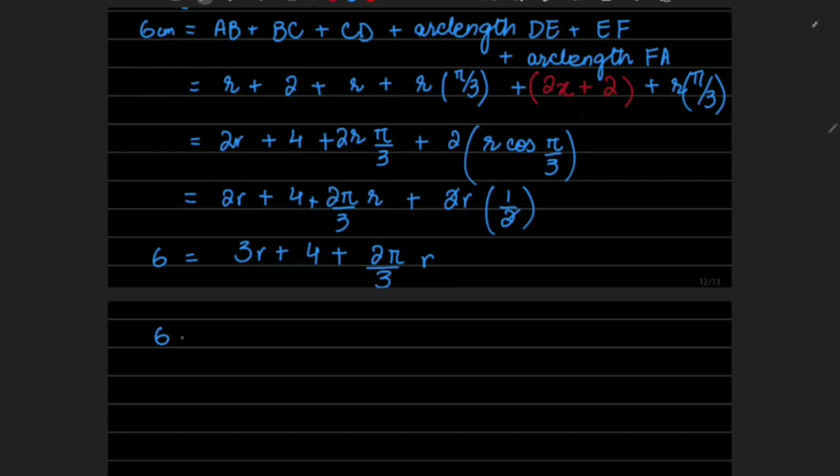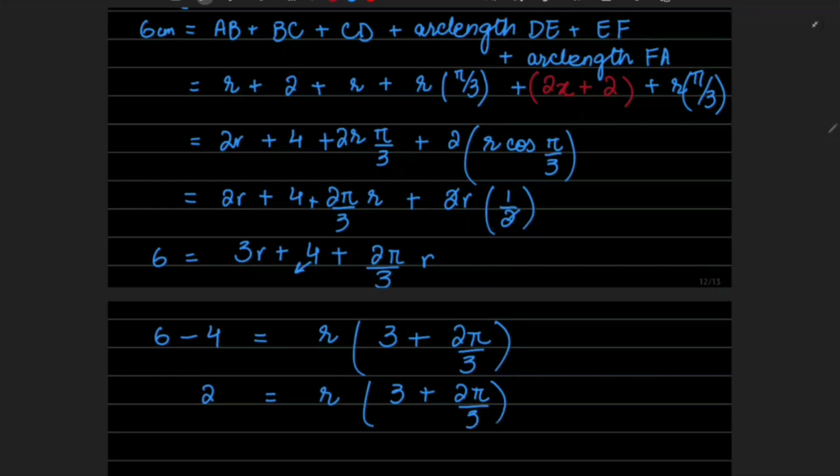So now do the 6 minus 4 and take r common here. It will become 3 plus 2 pi over 3. R is taken common, 4 is moved to the other side. So 2 equals r times 3 plus 2 pi over 3.